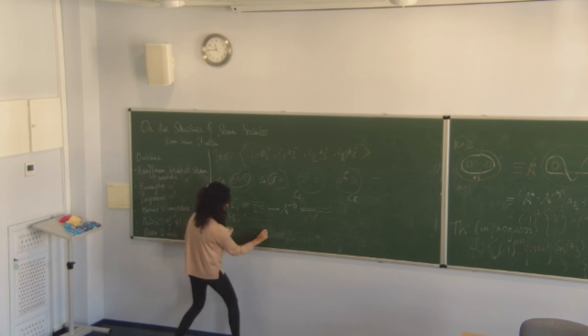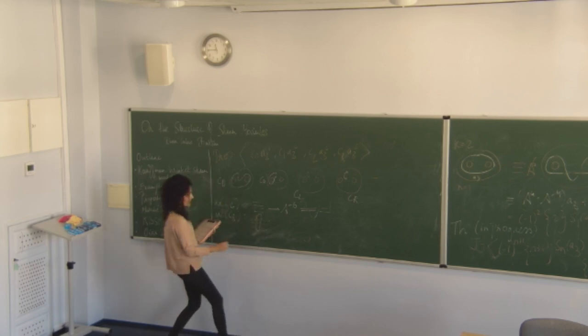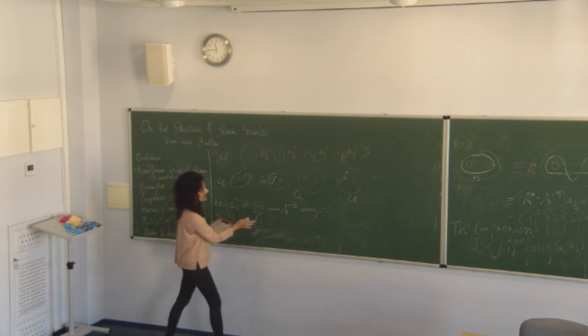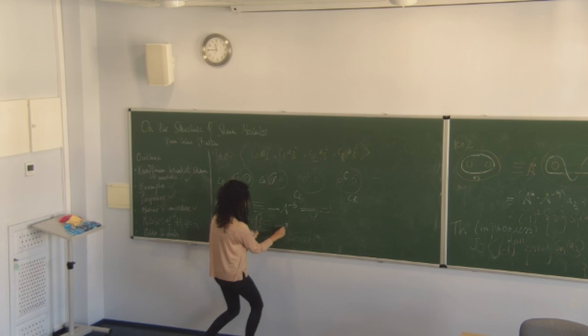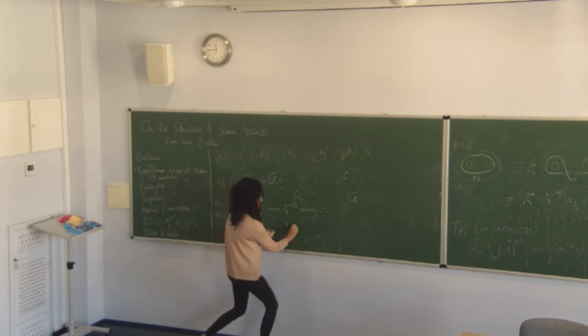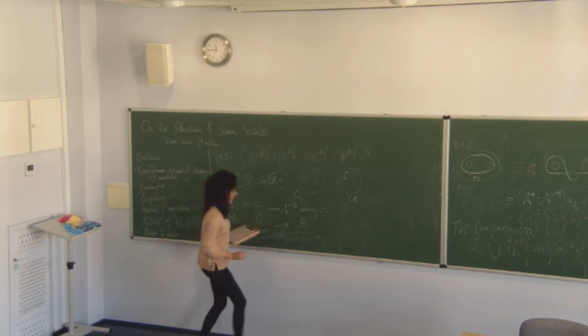That means that if you have a ring that surrounds these arcs that intersect the curve gamma, then you can slide this across the 2-handle to simply get it unlinked.